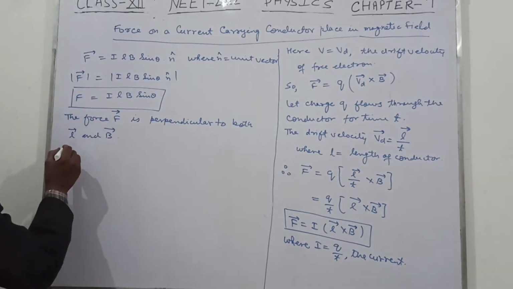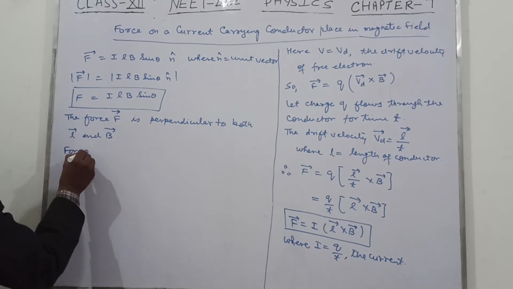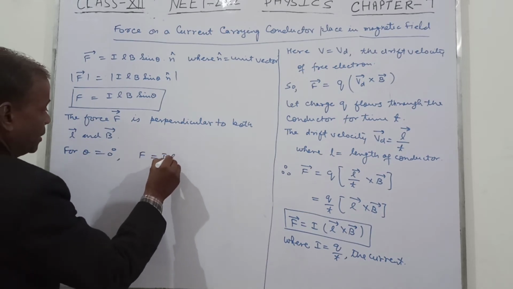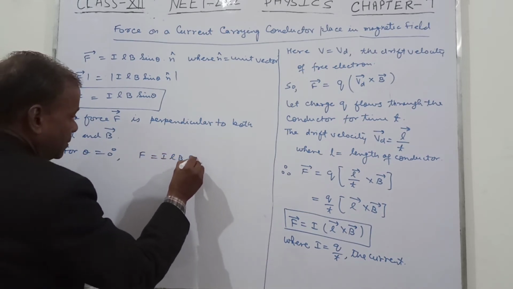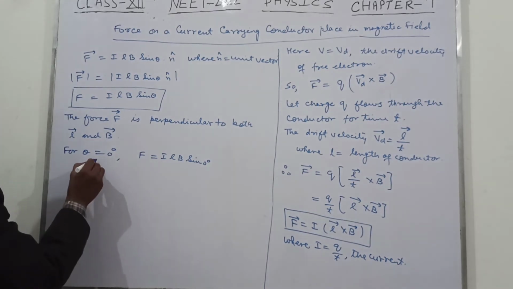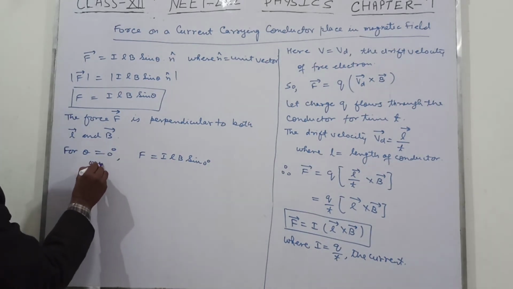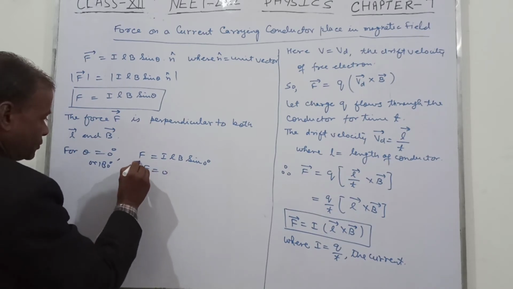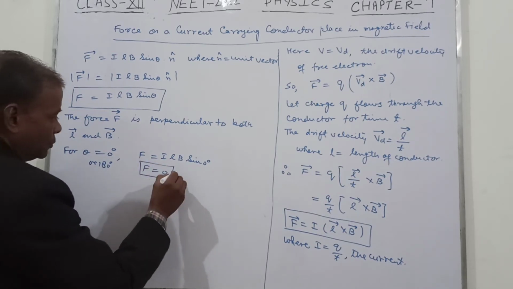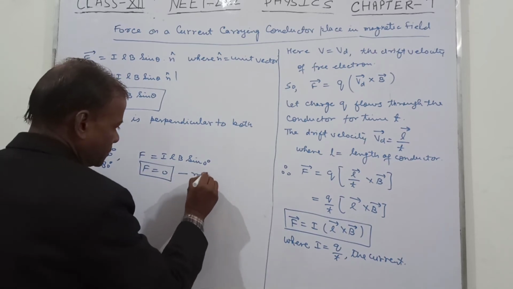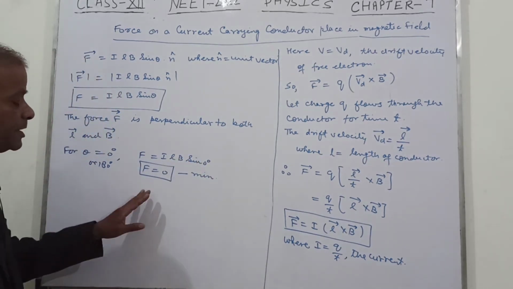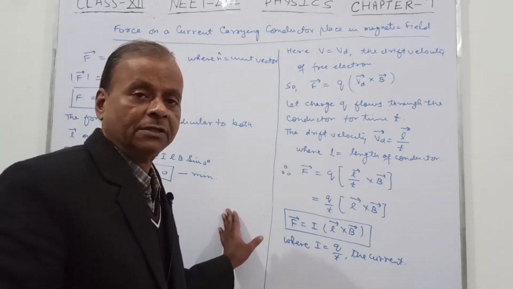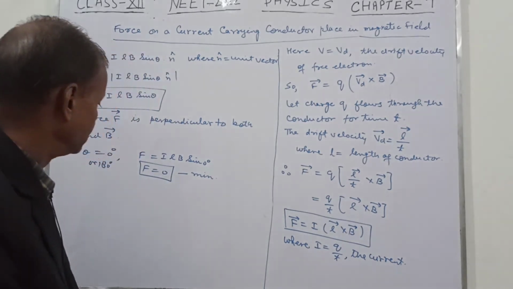Now for theta equal to 0 degrees, F equal to I L B sin 0, or for 180 degrees, F equal to 0. So this is the minimum force. It means that when the conductor carrying the current is placed parallel to the magnetic field, no force acts on it.